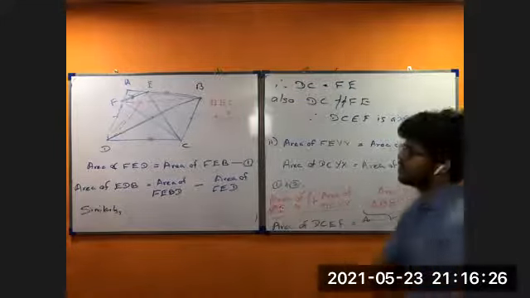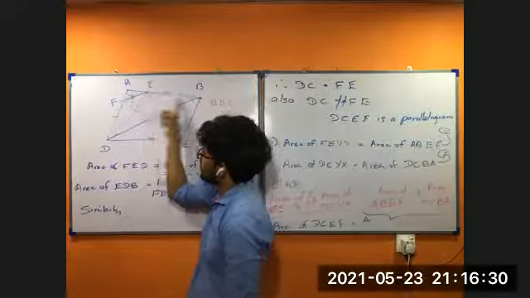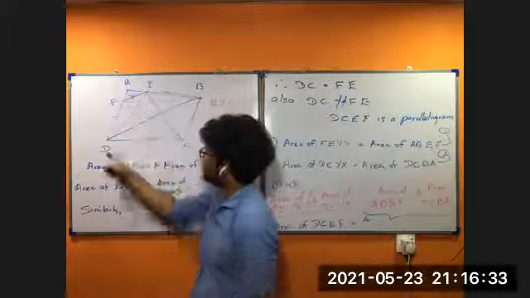So you can see this triangle FBD, and FBC, right?